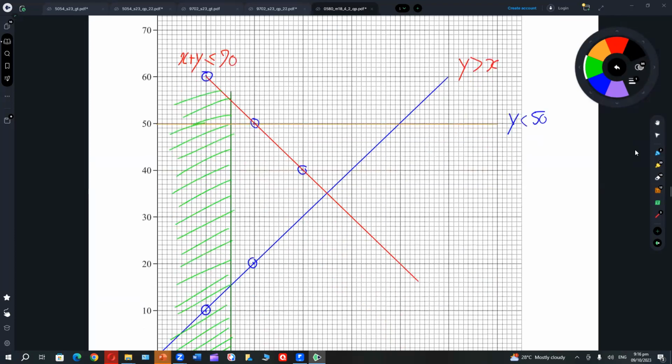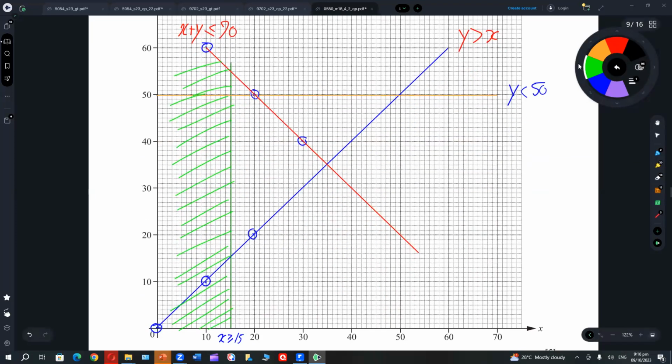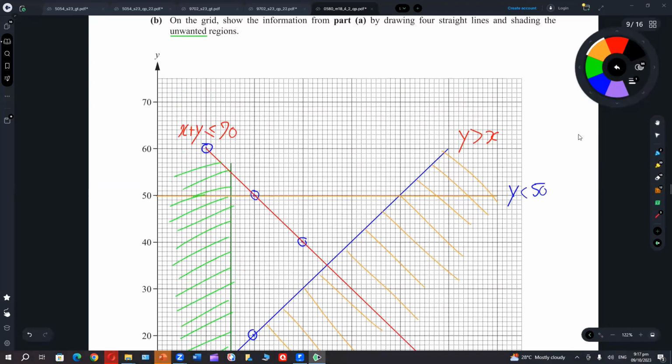Wanted is above the line. Greater is above. So I have shaded the unwanted.